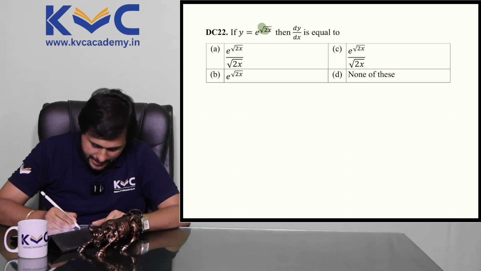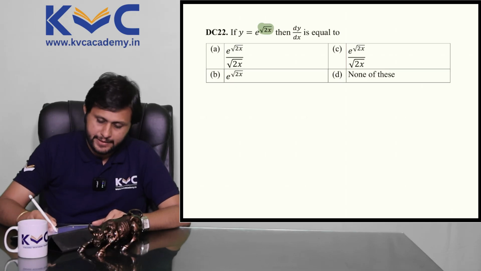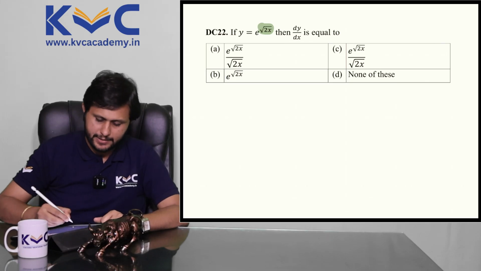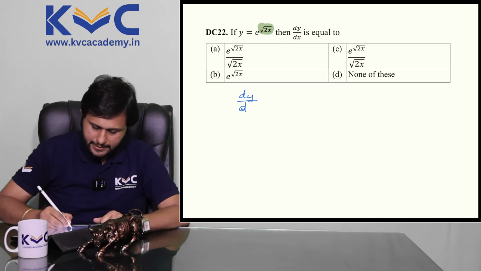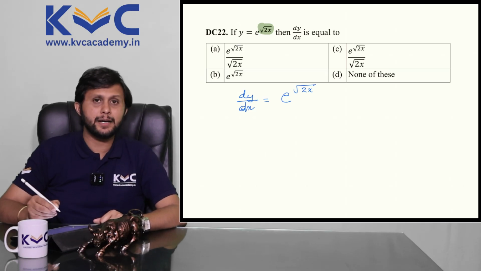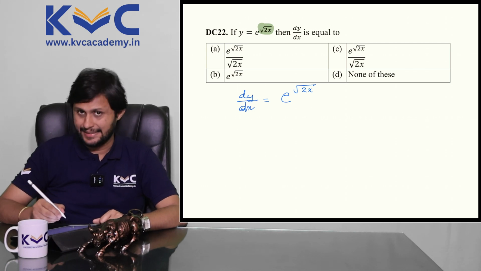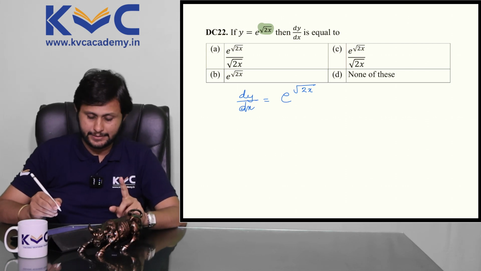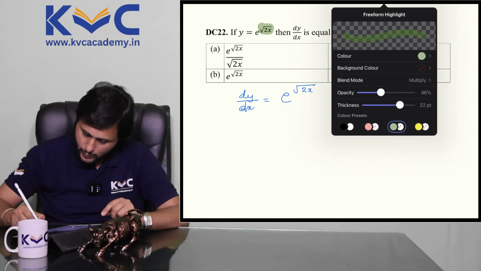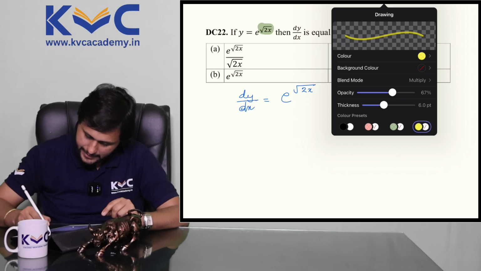See, first this highlighted part what you see, that is a function. Correct? So what we do is e to the power x. So dy by dx, differentiation of e to the power x, e to the power x only. But instead of x, we have root 2x. So inside that, I'll change the color to yellow with little less thickness.